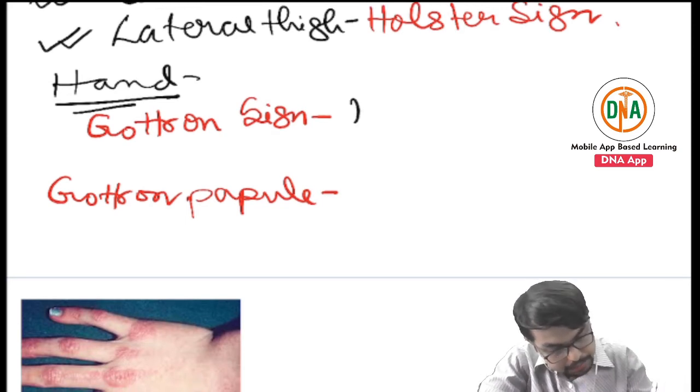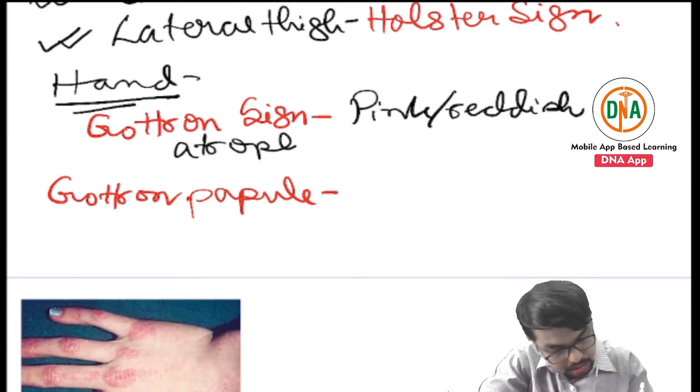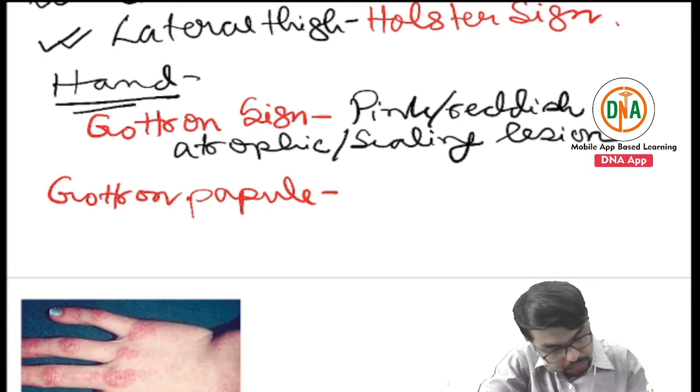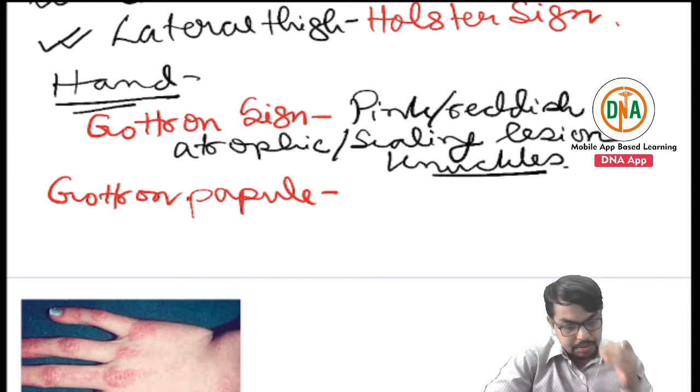Gottron sign is a pink or reddish, atrophic or scaling lesion over the knuckles. There is a pink or reddish purple hue of the scaly or atrophic lesion over the knuckles. This is called Gottron sign.